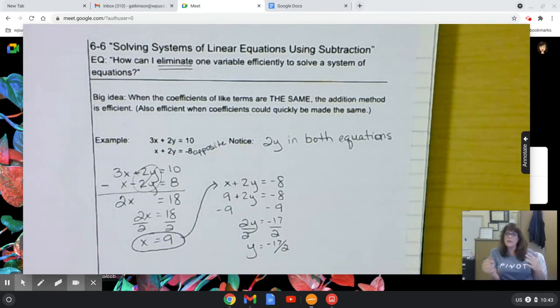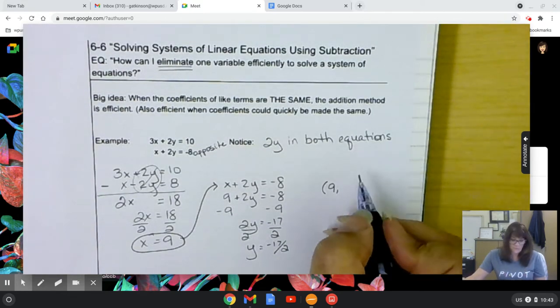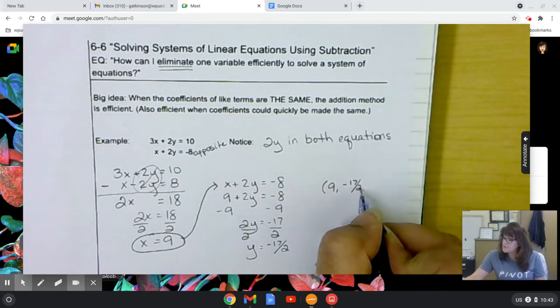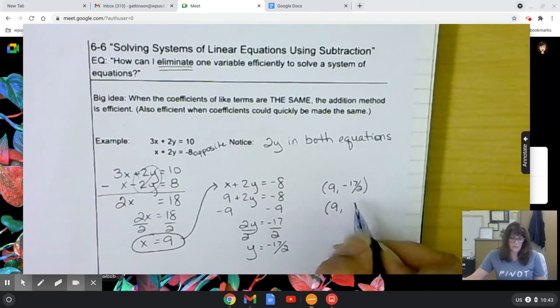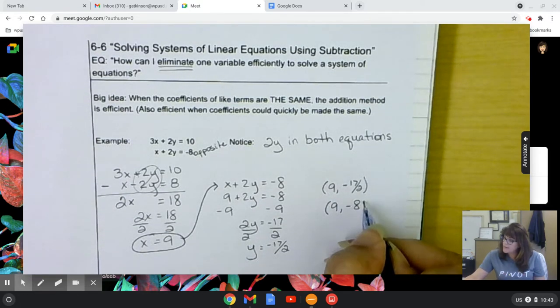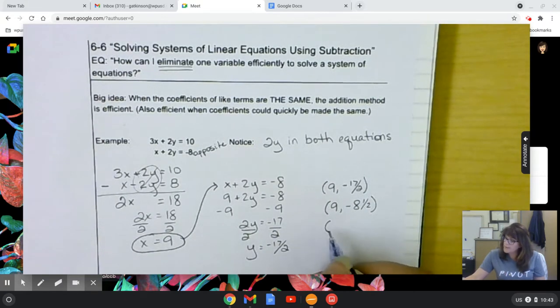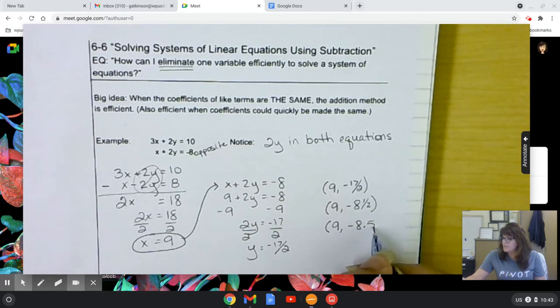Now, a couple ways we could write this. Okay. So our solution could be 9, -17 over 2. Or it could be 9, -8.5, if I wanted to use mixed numbers. Or it could be 9, -0.5.